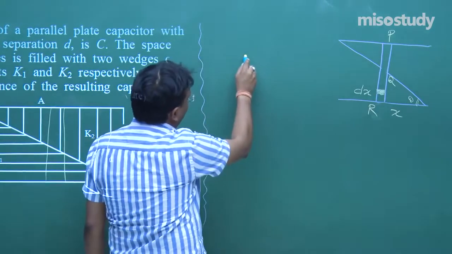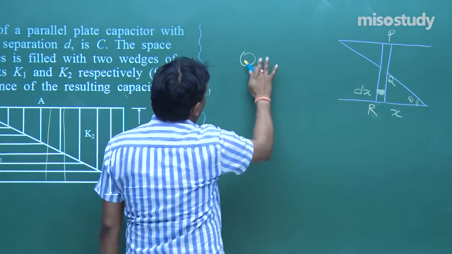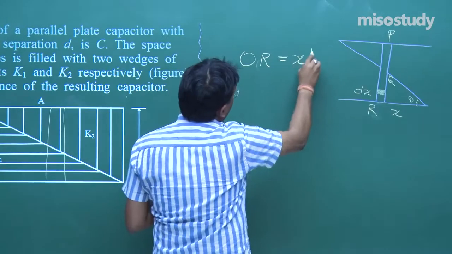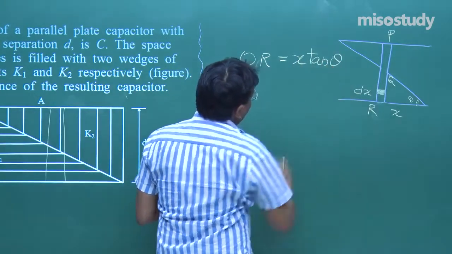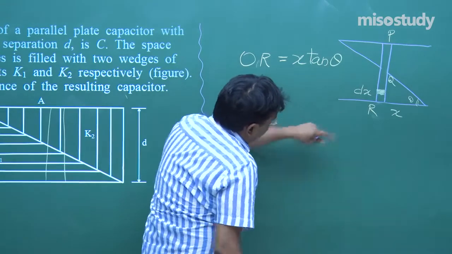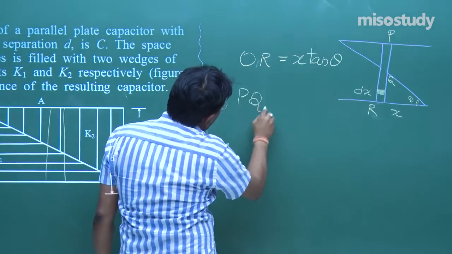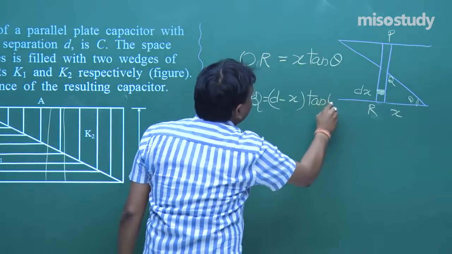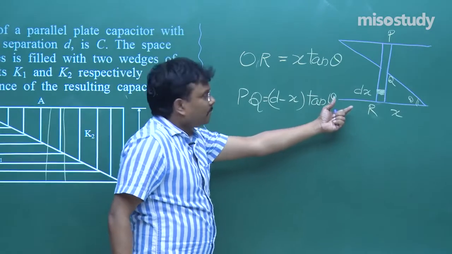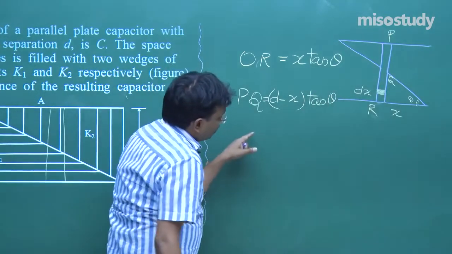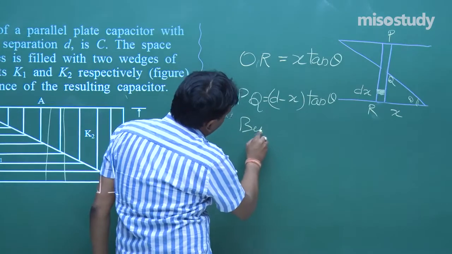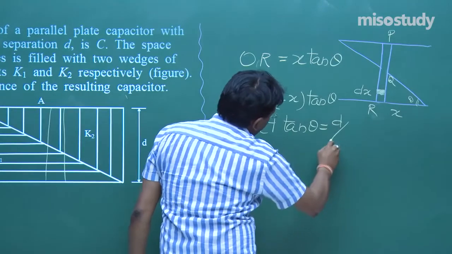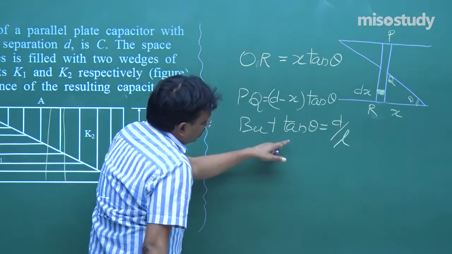Now QR is equal to x tan theta, and PQ is equal to d minus x tan theta. Fine, simple relations using algebra. So from here I can say tan theta is equal to d by L.